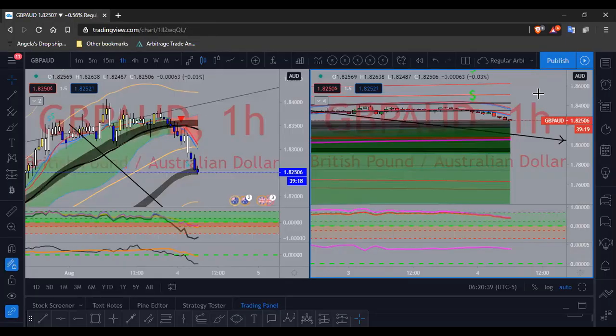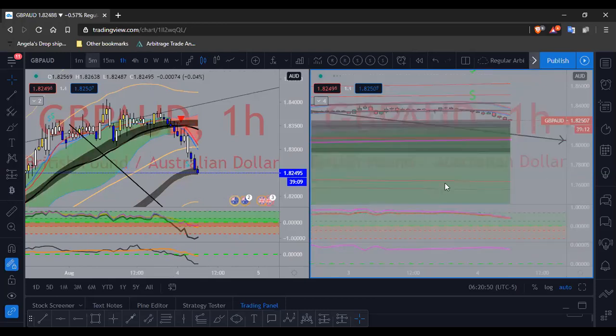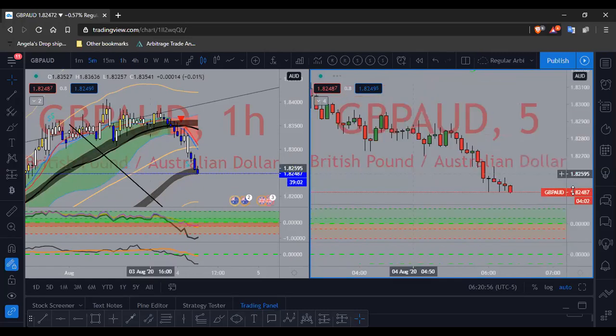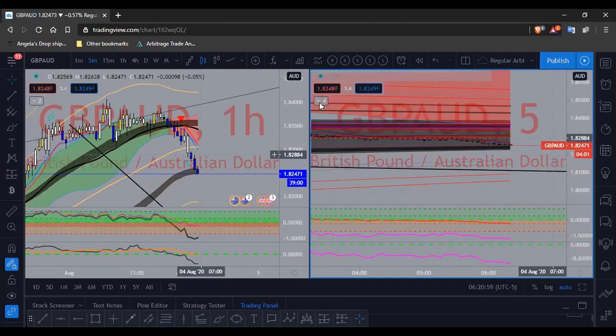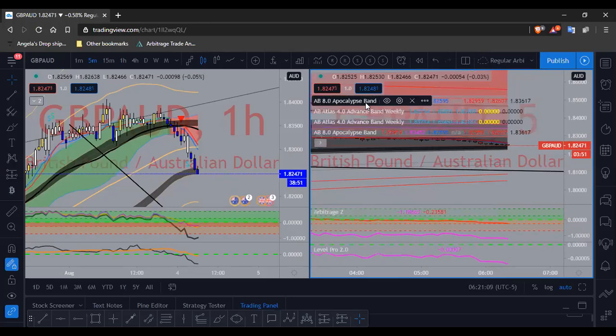Ooh. Let me change this to the 5-minute. Yeah, it looks like GA is going to keep dropping a little bit more. Again, for the arbitrage group, my bad, y'all, on not mentioning. Why is this double?